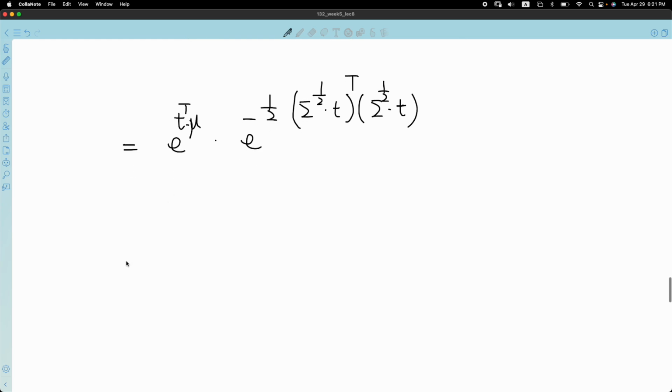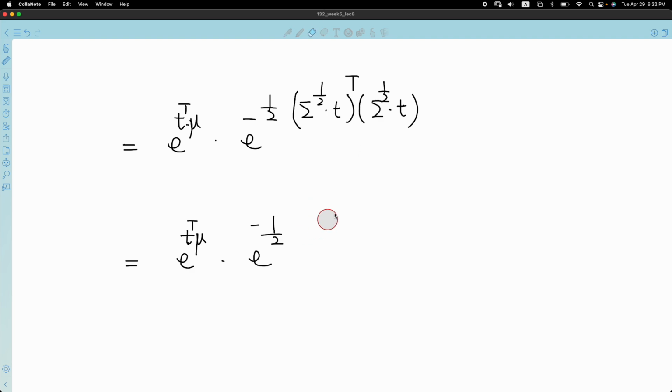And then let's remove the parentheses. The transpose of AB is B transpose A transpose. So in this case, you will have sigma 1/2 transpose, but this is symmetric, so it becomes itself.